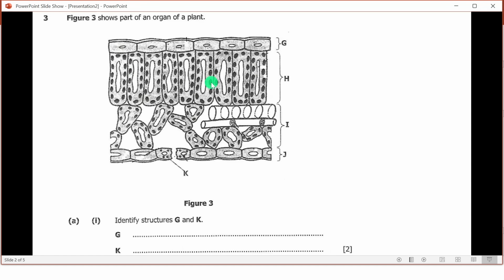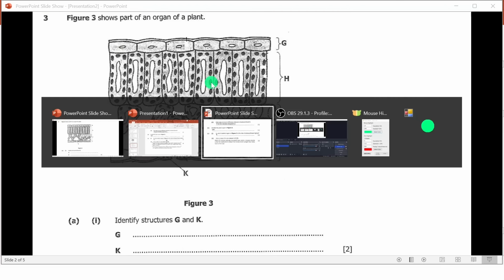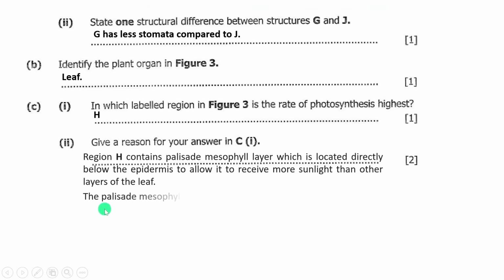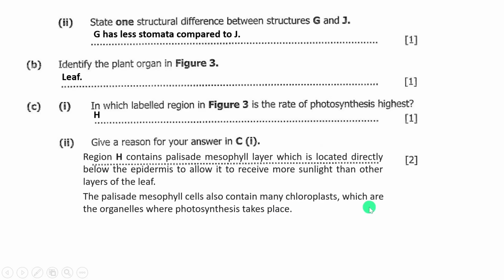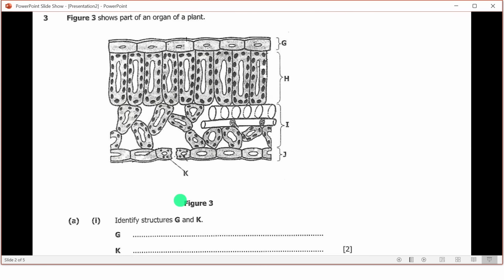Apart from that, we have to put another reason here: the palisade mesophyll cells also contain many chloroplasts, which are the organelles where photosynthesis takes place. When you check here, you discover that this layer contains the palisade cells, which contain a lot of chloroplasts where photosynthesis takes place.